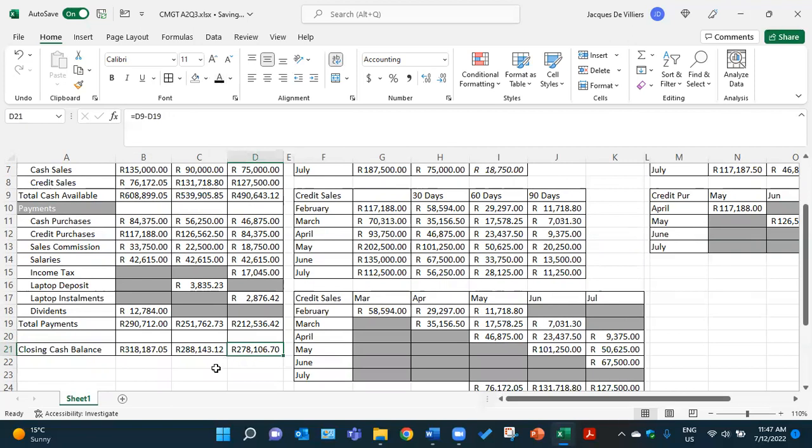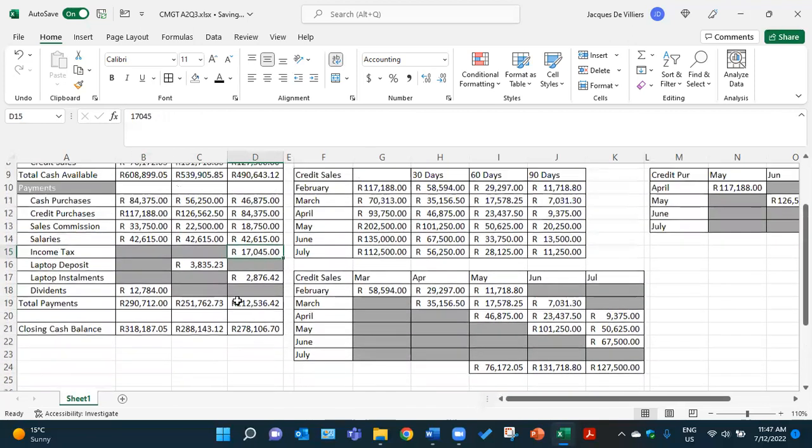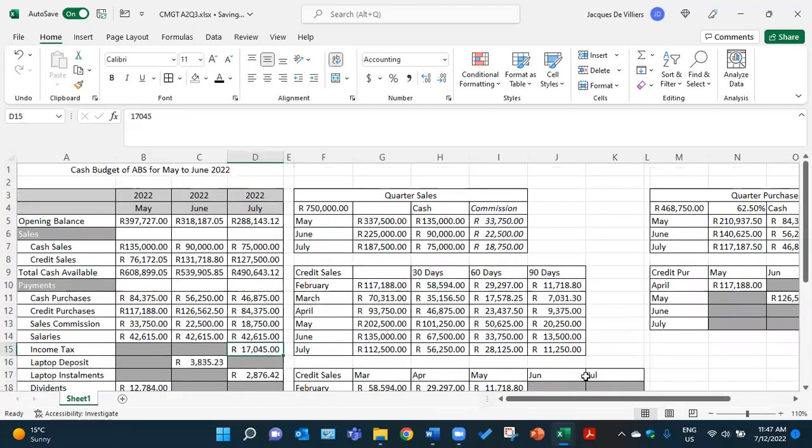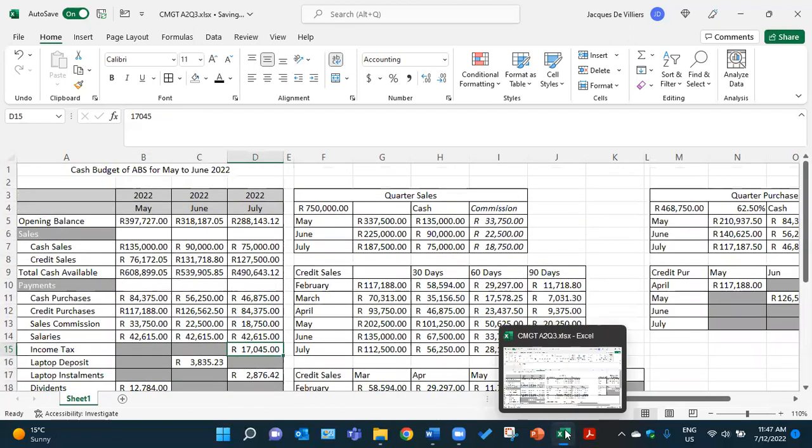Now, in the real world, it might be a little concerning because the total cash available is coming down slightly, but there were some ad hoc payments like the laptop deposit, the dividends here, and the income tax there. So maybe it's not too much to worry about. And that is how you do the cash flow statement.